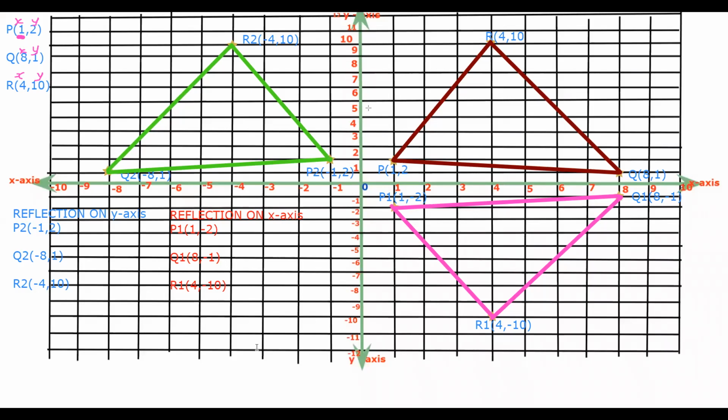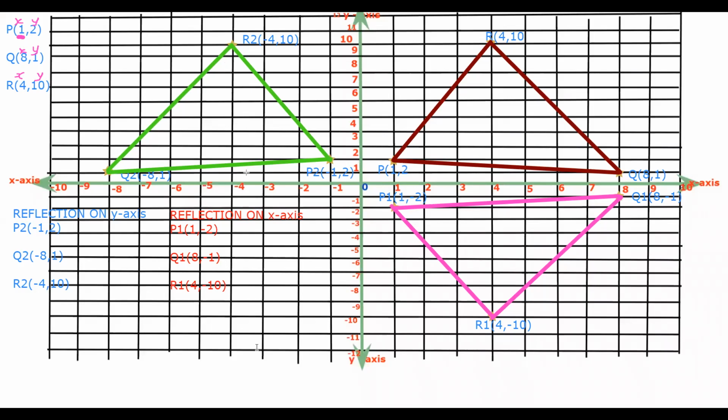Since this one is the mirror line, therefore the object will be directly opposite to the other side, okay? Good. And now that is our new image. So this triangle here is called triangle P2, R2, and Q2. Okay, good. So make note of that.